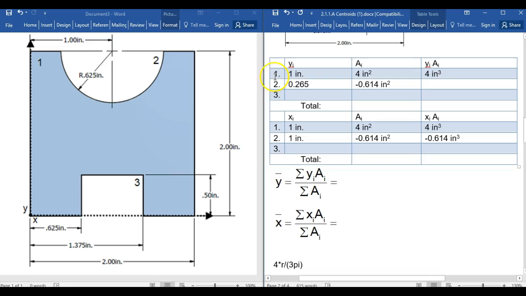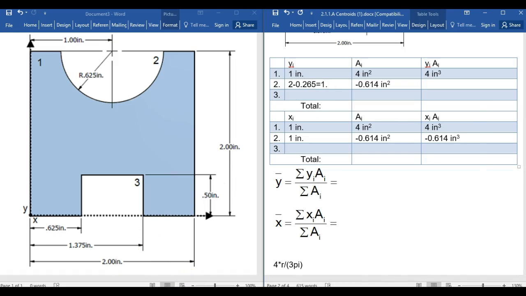However, that is how far I need to come from the base of this semicircle. So I need to come down 0.265 inches. This is where you have to remember that everything we measure has to come from the origin. So to get to this spot up here where my mouse is, I've got to go all the way up 2 inches and then back down this much. So really, to get my y centroid location, I have to do 2 minus that number, which is going to give me 1 point.